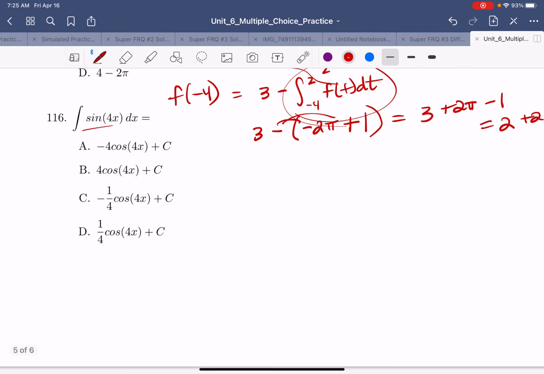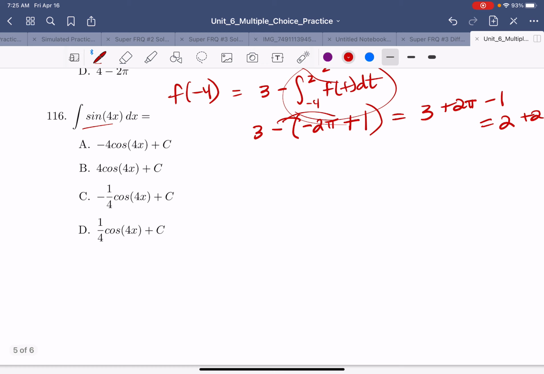Good. So for 116. Okay, this is one where you know that if you took the antiderivative, and if the inside is a simple linear function, like just an x to the first power with a number in front of it, even if there's another constant next to it, you can just do 1 divided by the derivative of the inside, and then take your antiderivative of the sine, right?